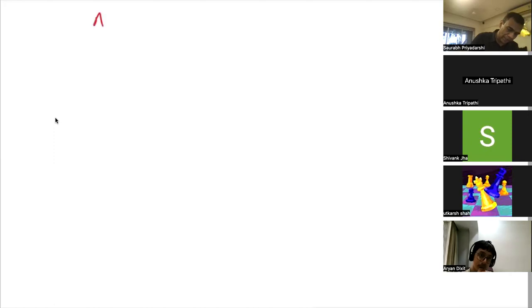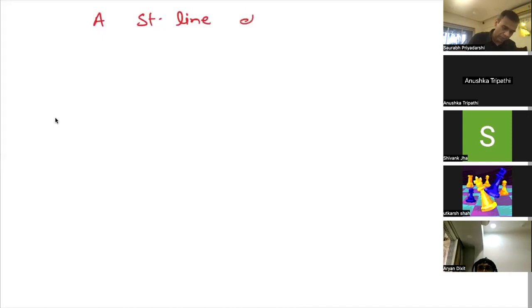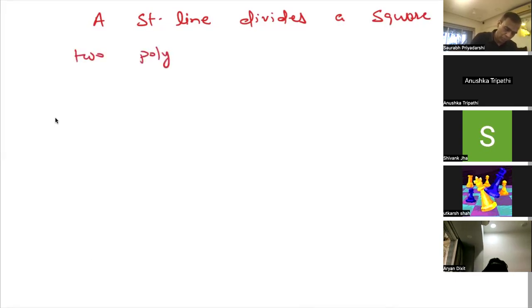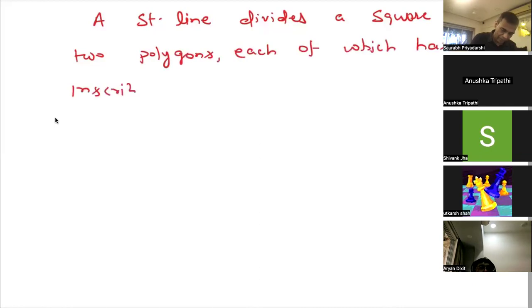A straight line divides a square into two polygons, each of which has an inscribed circle.